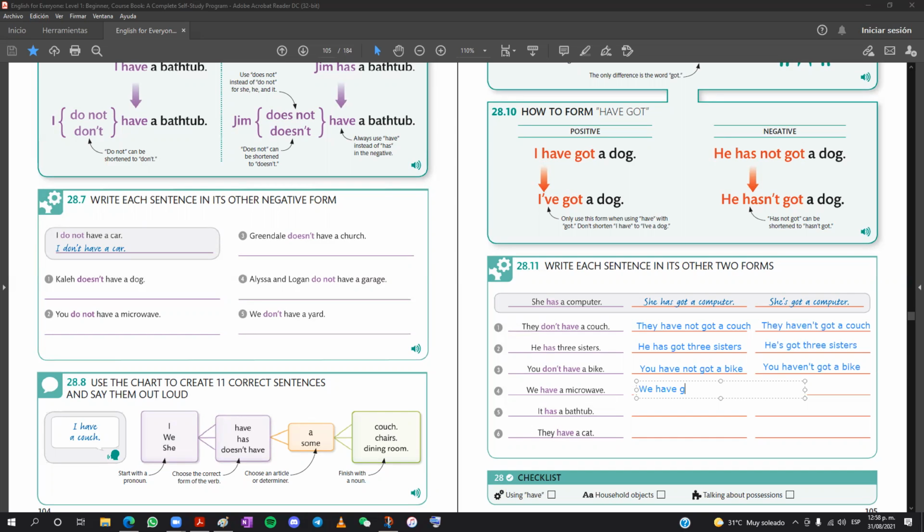Ok. ¿Y la otra forma? ¿Cómo sería? Sí, Marlene, síguele. We've got a microwave. Ok.